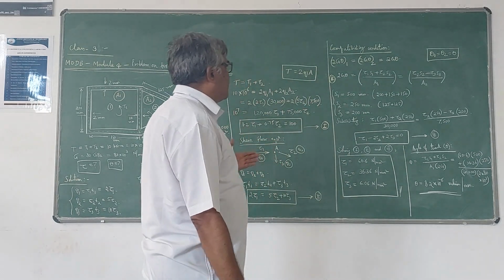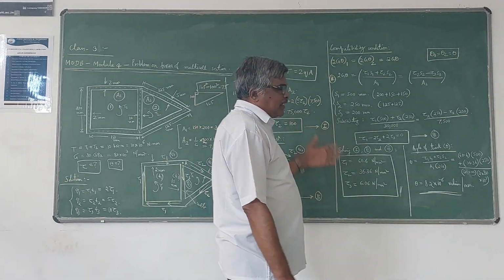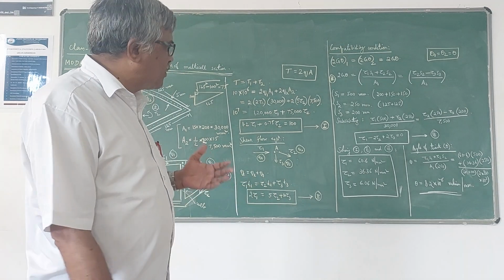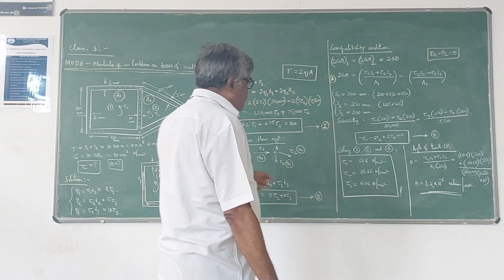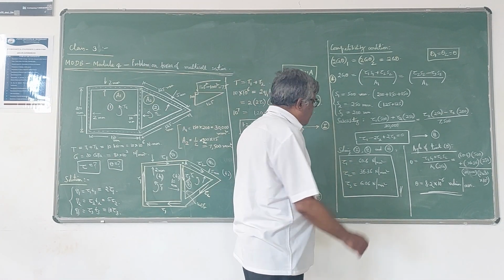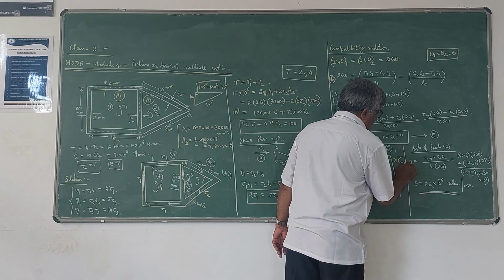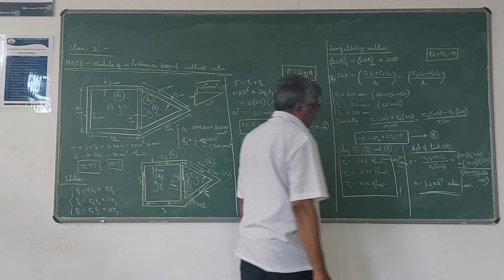By solving equations 1, 2, 3 for the three unknowns tau 1, tau 2, tau 3, we can find them. That you can do with your calculator. These are the values you are going to get, out of which tau 1 is the highest value, so that itself is your maximum shear stress, tau maximum.